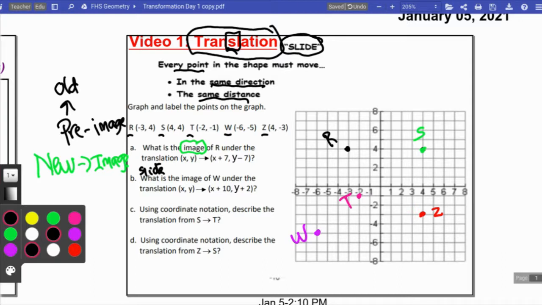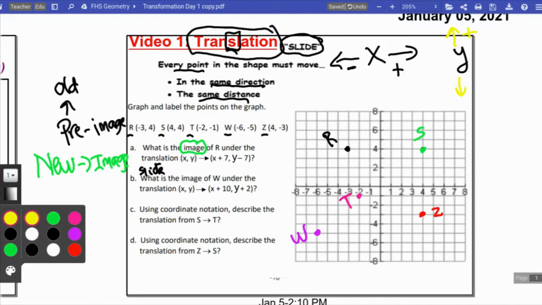It says X plus 7 and Y minus 7. So we're going to slide R. When it says X, for the X, if it goes to the left, that means we have to subtract the X. If it goes to the right, that means we got to add the X. For the Y, if it goes up, up means you got to be positive, right?